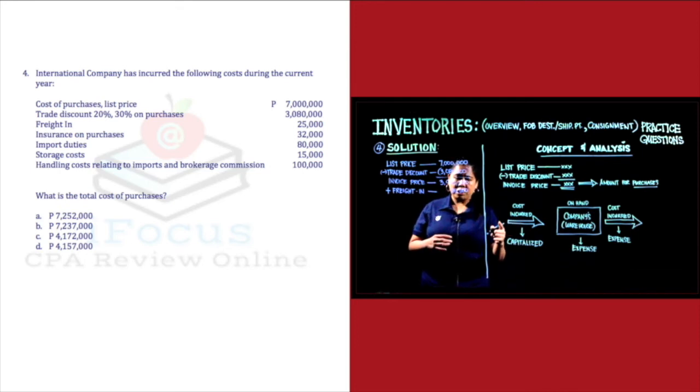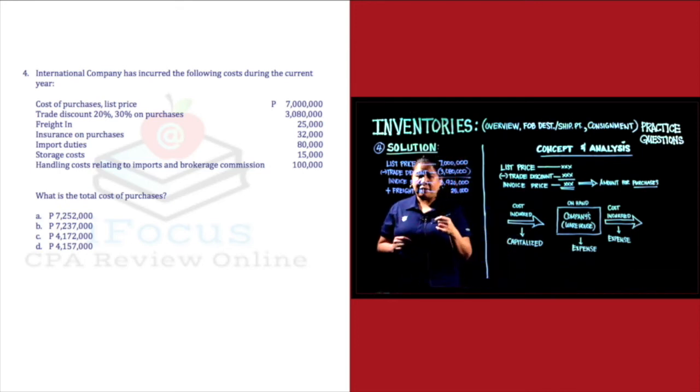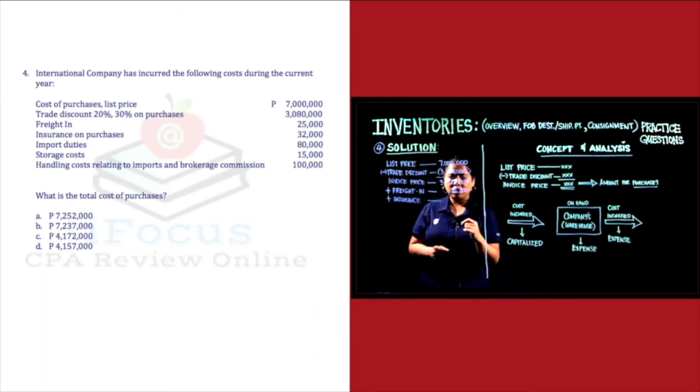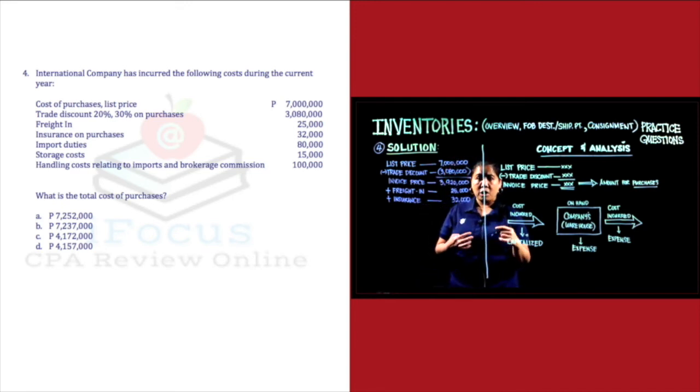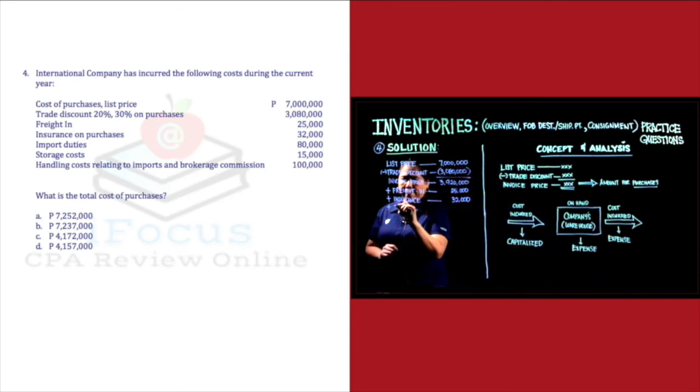So, yung insurance, para kapag may nangyari, meron kang makiklaim. I-add din po natin yan sa ating purchases, amounting to 32,000. Another item is import duties. Ito yung mga taxes na binayaran ng company with regards to importing these goods from other country. Ika-capitalize pa rin natin sa ating cost ng purchase natin.